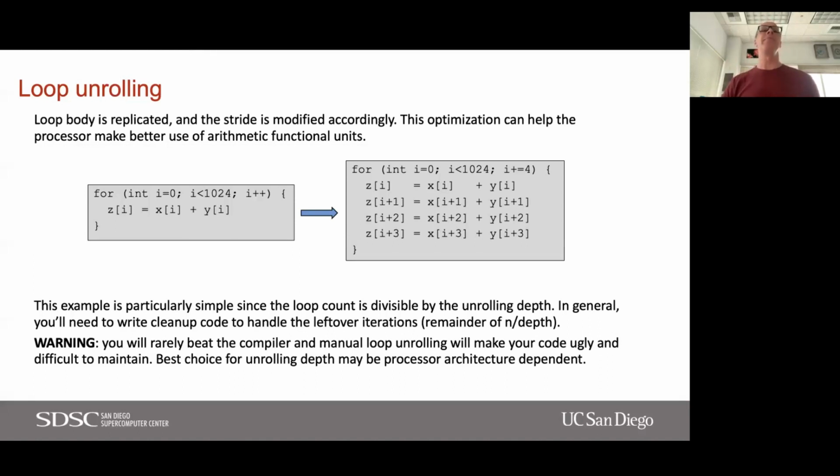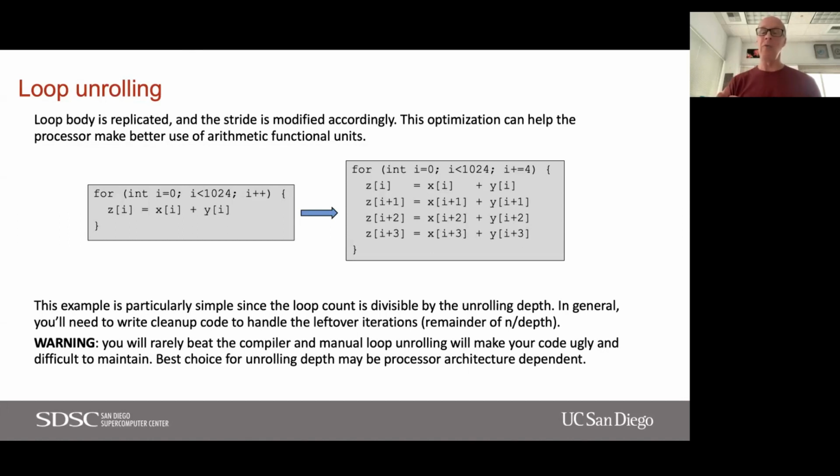If we don't have enough floating point operations for the compiler to work with, we often get bubbles in those pipelines. So loop unrolling, where we take the loop body, replicate it, and then change the stride of that loop, can give the compiler additional opportunities for optimization. This was a particularly simple example, and I should also say that this is an optimization that the compiler generally does very well.